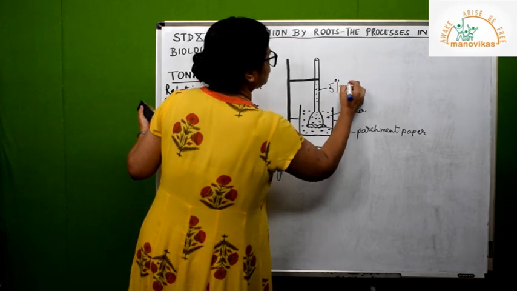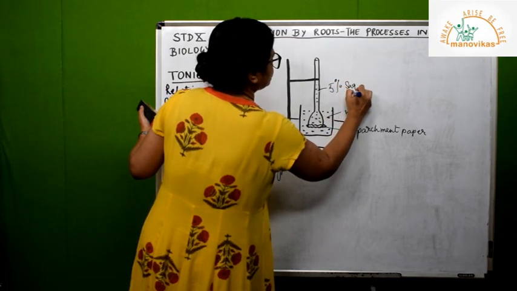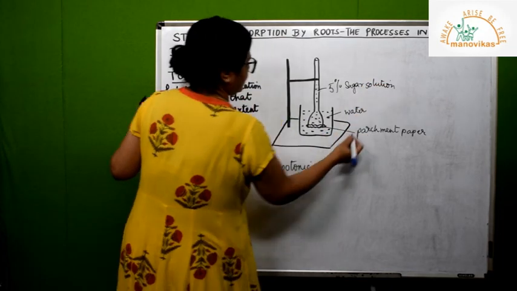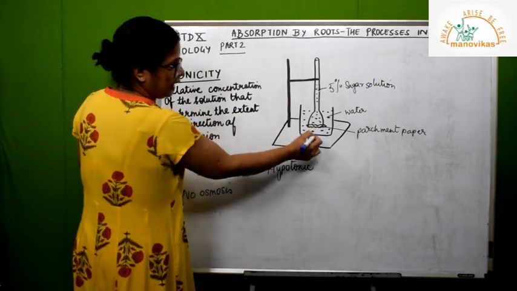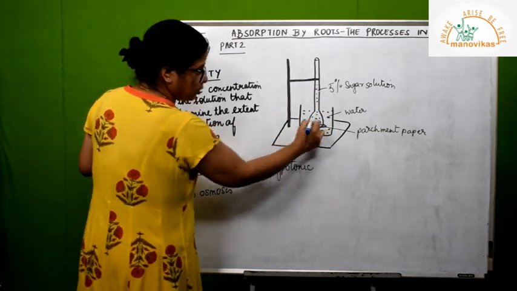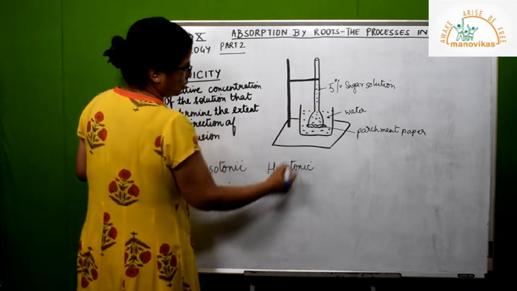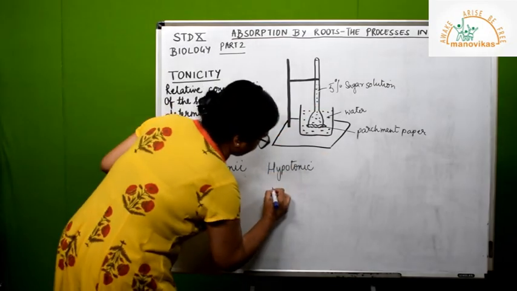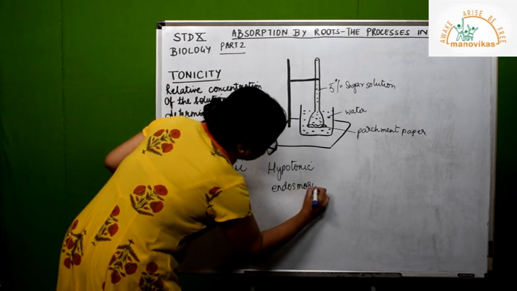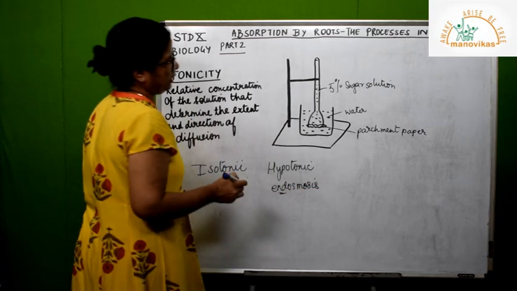In this condition, what will happen? The water is moving from its direction of high concentration towards the direction of low concentration. So there's inward movement. Hence there is endosmosis. Endo means going inward.